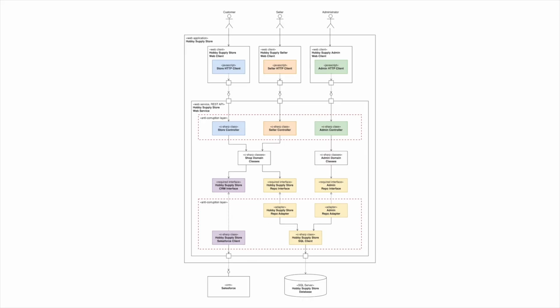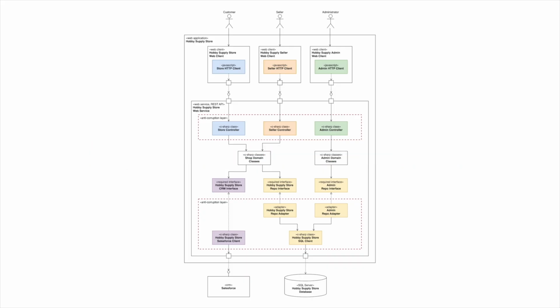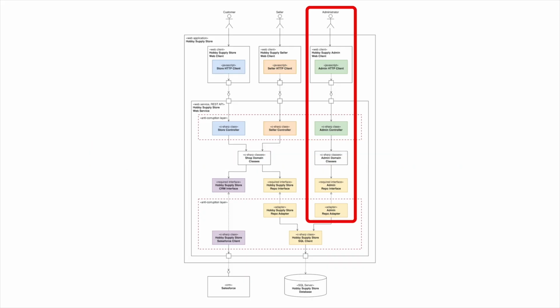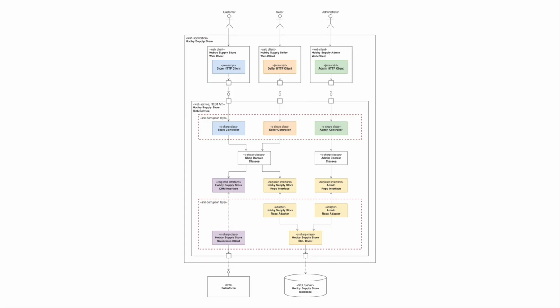Now, finally, let's see where we can apply that single responsibility principle. It looks to me like all that admin code is likely to change at different times and for different reasons than all that customer and seller code, so we can split that out. Of course, it's still going to have a dependency on that same SQL server, but that's a detail that can get abstracted behind its own required interface, and that's what adapters are for.